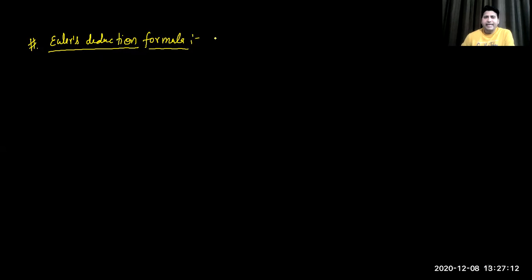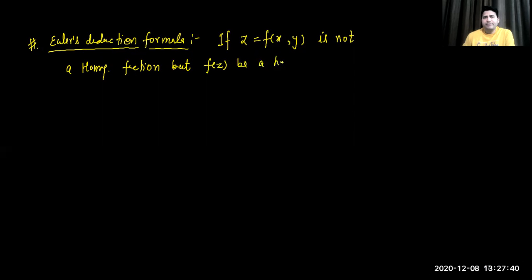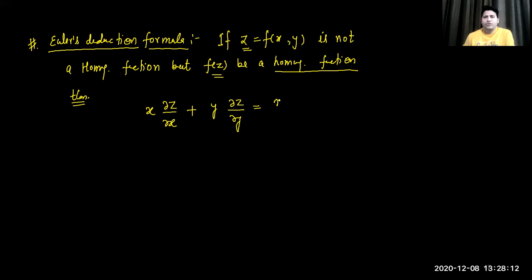What does it say? It says that if z, which is a function of x, y, is not a homogeneous function, but f(z) is a homogeneous function which is formulated on the basis of the given z, then x into del z over del x plus y into del z over del y is equal to n into f(z) over f dash (z).